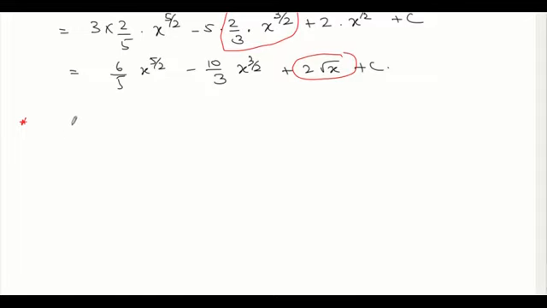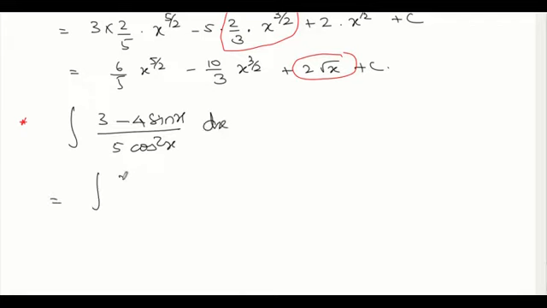It is integral 3 minus 4 sin x divided by 5 cos square x. So see here, I am just dividing. It is 3 by 5 into cos square x minus 4 sin x by 5 cos square x dx.